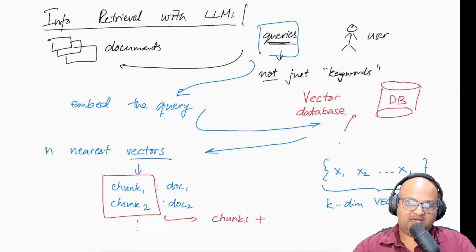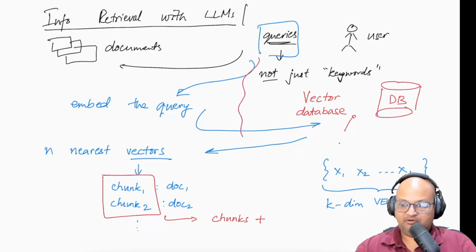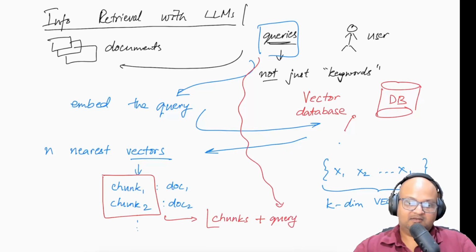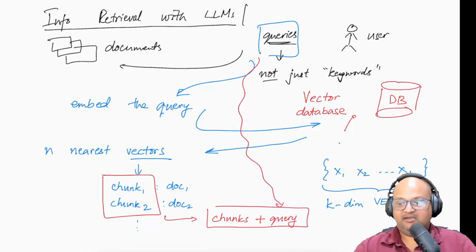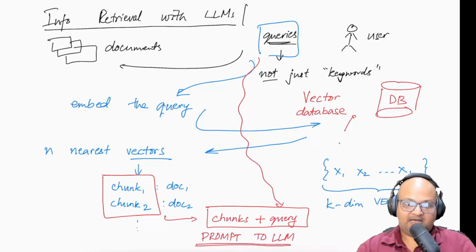Now we have to take the top few of these chunks, as many as will reasonably fit into our context window, and concatenate our natural language query to these chunks. That entire piece of text becomes our prompt to the LLM.